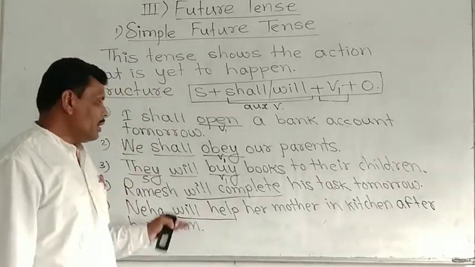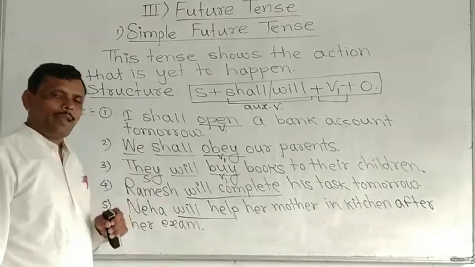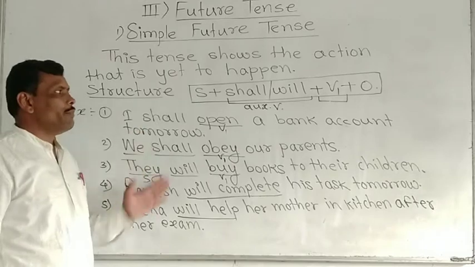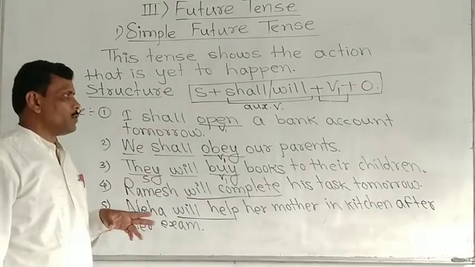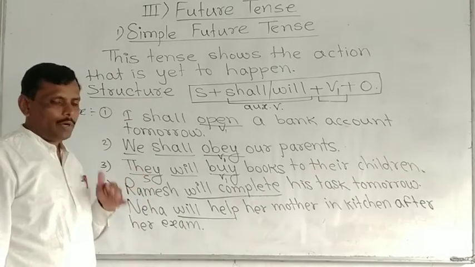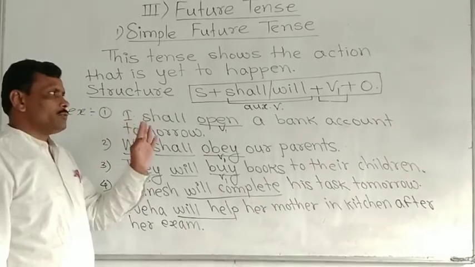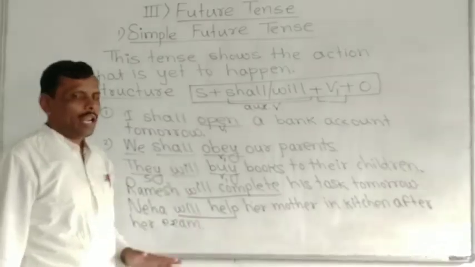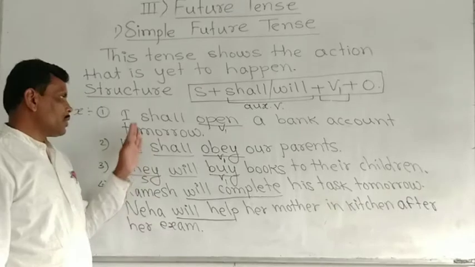Here in these sentences we have used simple future tense, and in simple future tense you know that the action is about to happen which has not happened yet. And in simple future tense we have to use the auxiliary verb shall or will plus V1, right?